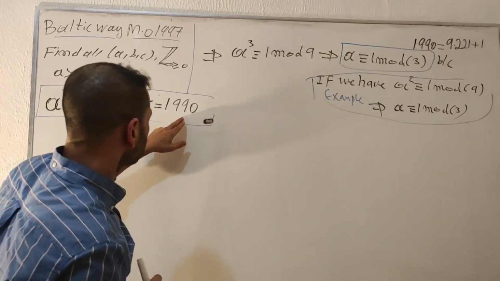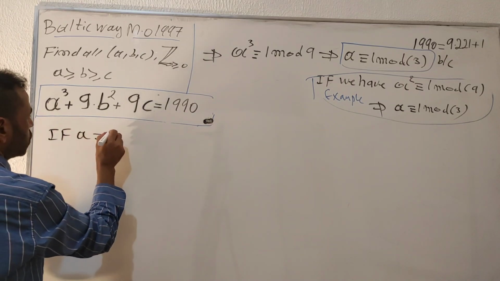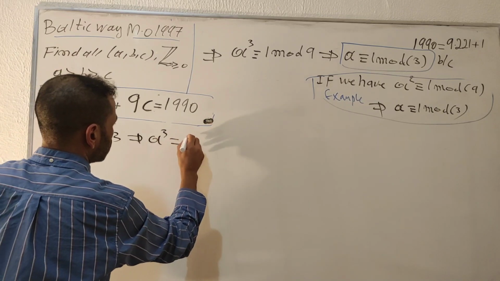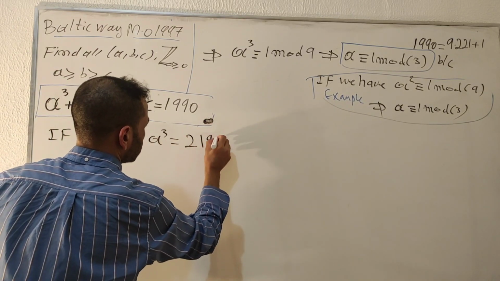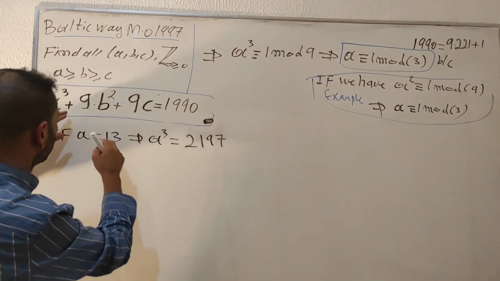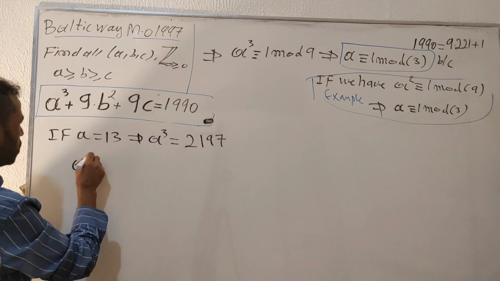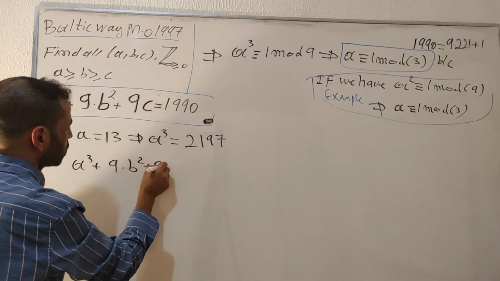Okay, so if a equals 13, which means a cubed equals 2197. Okay, if I'm going to sum all these terms here, I get a cubed plus 9 multiplied by b squared plus 9c.